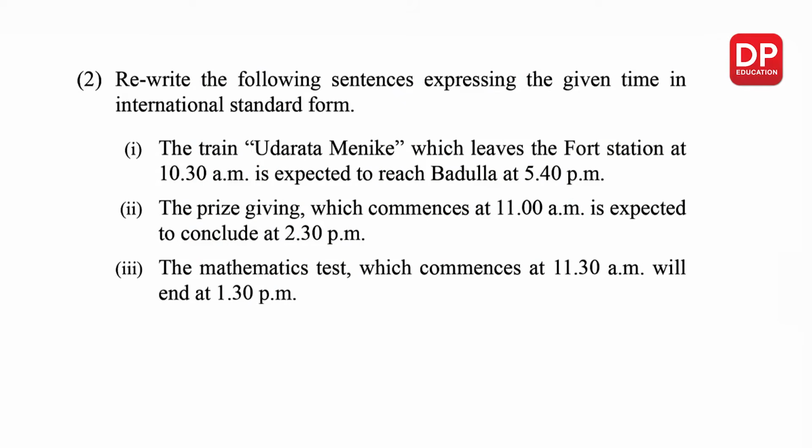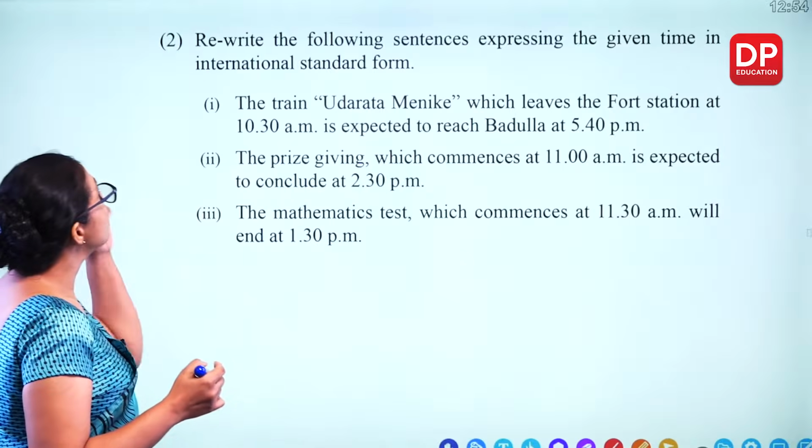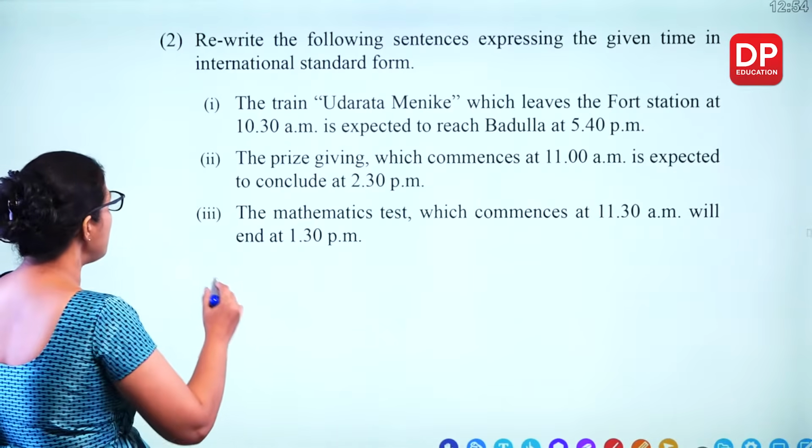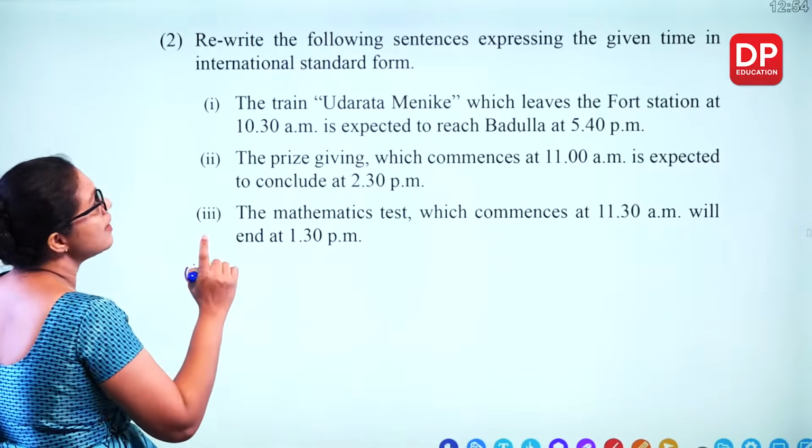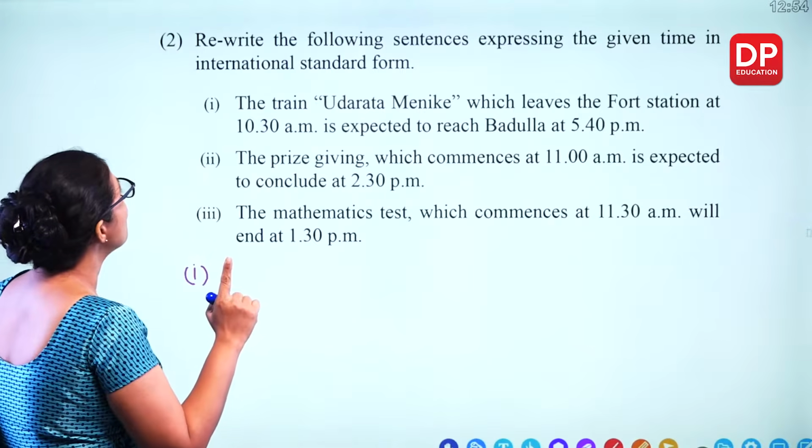Question number 2. Rewrite the following sentences expressing the given time in International Standard Form. The train Udarata Manike, which leaves the Fort station at 10:30 a.m. is expected to reach Badulla at 5:40 p.m. So you have to write down the same sentence using standard form.